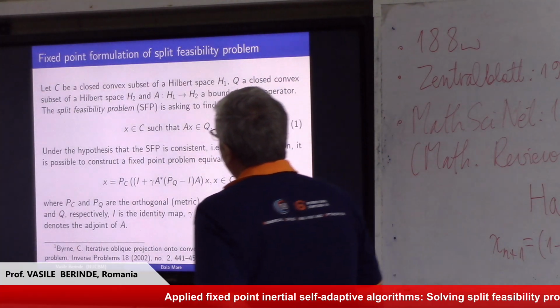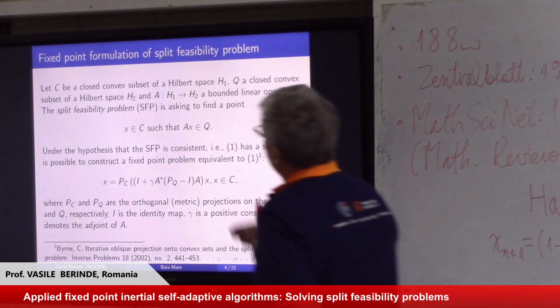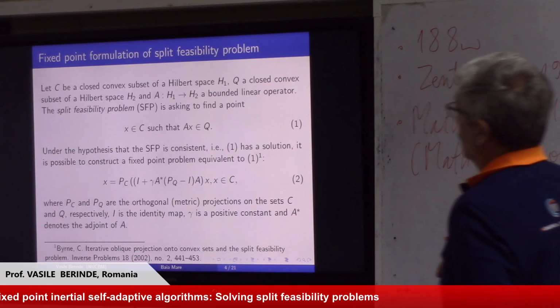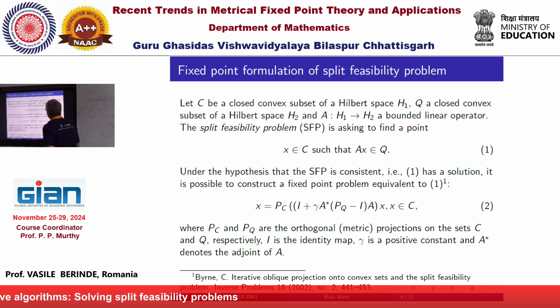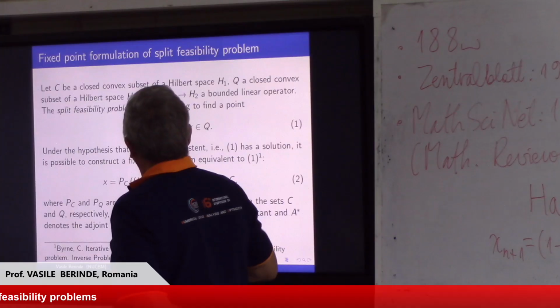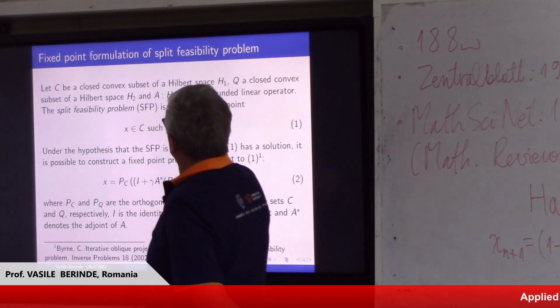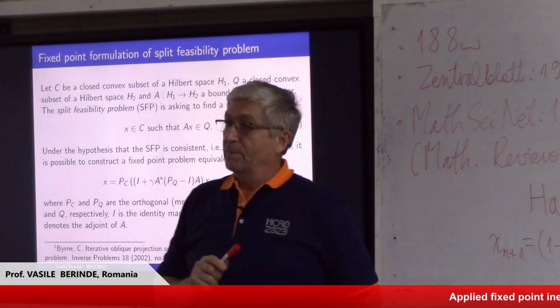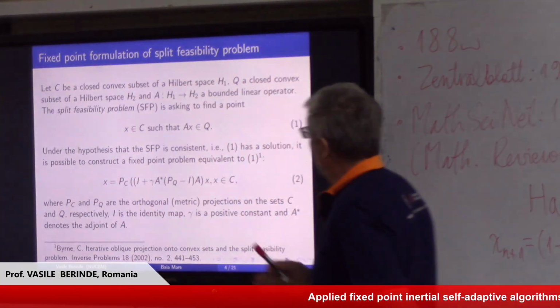We also have a bounded linear operator A that maps H1 to H2. By definition, the split feasibility problem asks to find a point in the first set C such that its image by the bounded linear operator is in Q. So this is the problem.